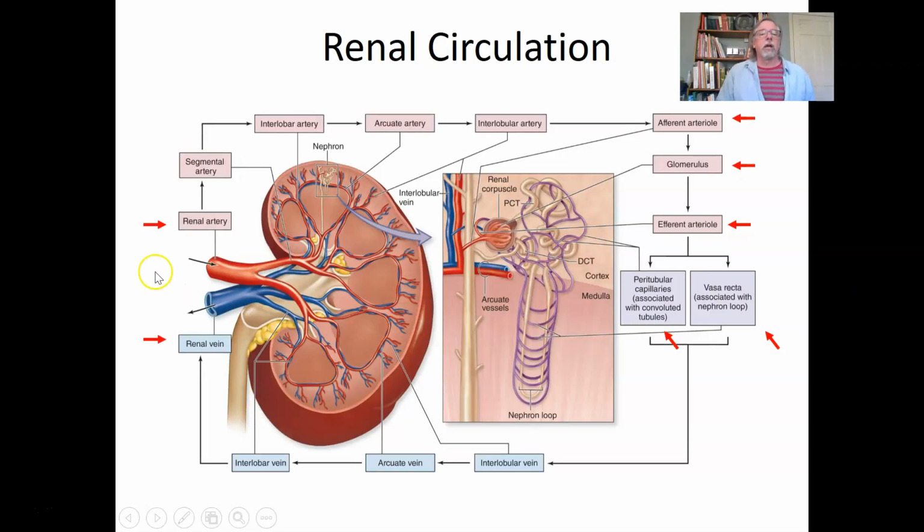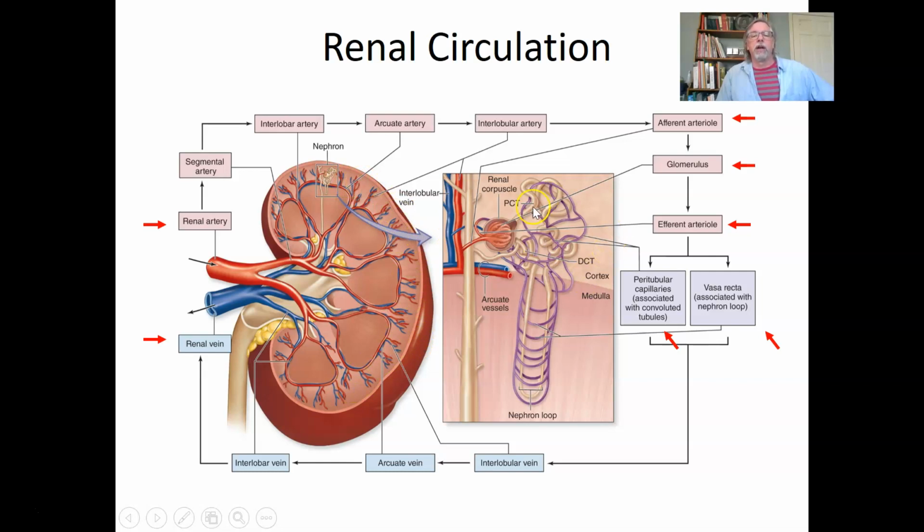Right, so this diagram is indicating the renal artery supplying blood, and this is going to divide continuously, branching off into different parts of the kidney, and it's going to extend eventually through the medulla into the cortex. Okay, and the cortex is the site of filtration.